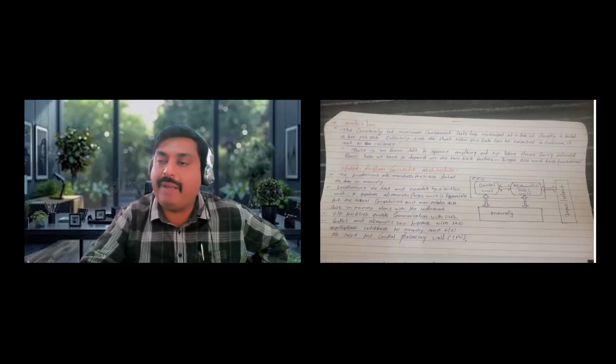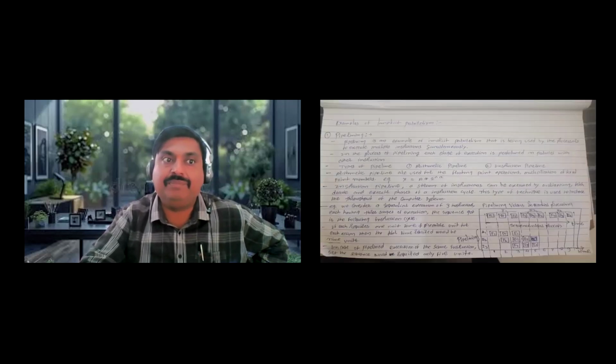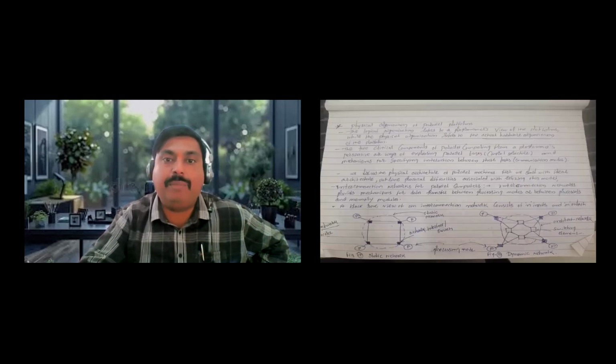Introduction to parallel communication, why the need of parallelism, then stored program computer architecture. Then we learned general purpose cache based microprocessor architecture. Then we went with implicit parallelism, then pipeline concept, then multi-threading, vectorization, then the physical organization of parallel platforms.